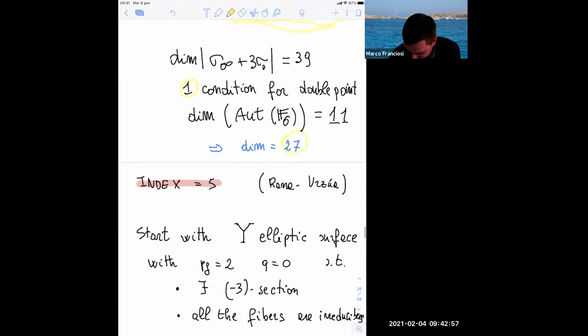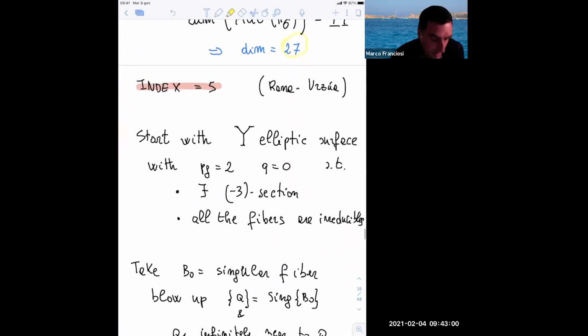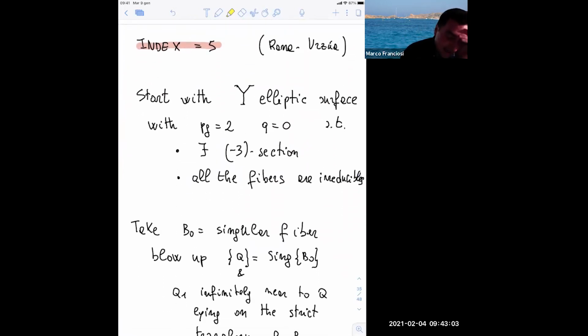Okay, in the same fashion, we consider the index 5 case. So this is the so-called Rana-Urzúa surface. We call it in this way because in the paper by Rana and Urzúa, they show the existence of such a surface. So the construction is almost the same as the index 3. So we start with an elliptic surface with pg equal 2, q equals 0 with a -3 section. And in this case, we assume that all the fibers are irreducible.